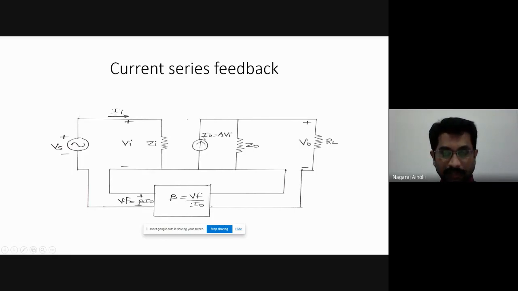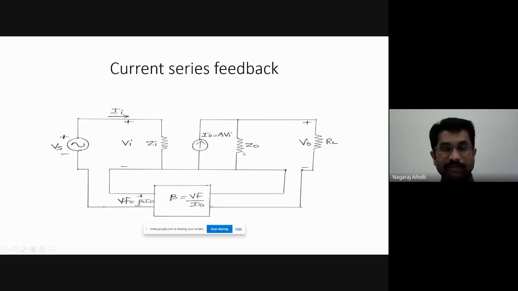Let us say this current is A, this is B, this is C. A is I naught, B is the current flowing through Z naught, and C is the current flowing into the output terminals. A is equal to B plus C, or C is equal to A minus B.